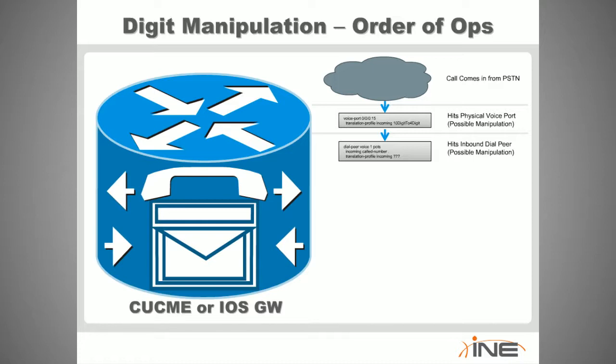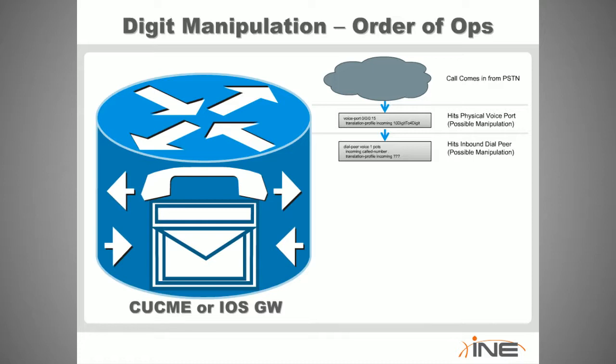But if it is POTS, PRI or BRI, or a dial peer of type VoIP, then for inbound matching, we first look to see if there is an incoming called number command on the dial peer. If there is and it matches, that is what will be chosen, period. It won't even look at port if we happen to have port on there.